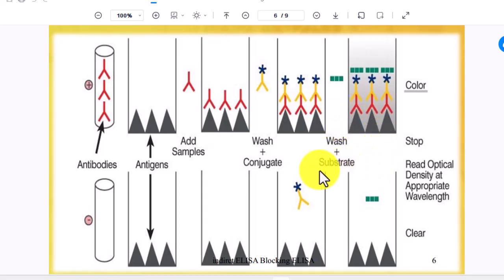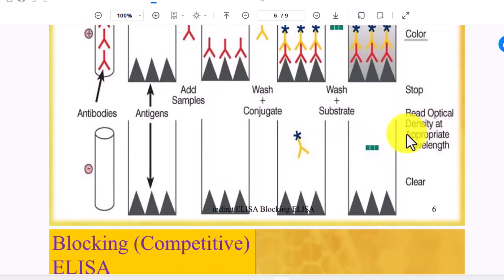After washing, we add substrate. This substrate reacts with the enzyme to produce a color, and this color can be detected by a reader, and the intensity of color refers to the amount of this antibody. Simply, we read optical density at appropriate wavelengths.